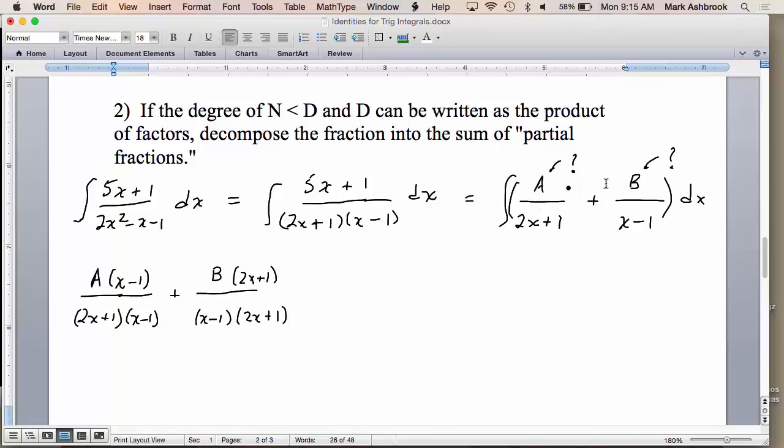So now what am I doing? I'm adding these fractions, so I'm getting my common denominator, and I need to adjust the numerators accordingly. And so then I get A times x minus 1 plus B times 2x plus 1 all over the common denominator, which we already know is 2x plus 1 times x minus 1.